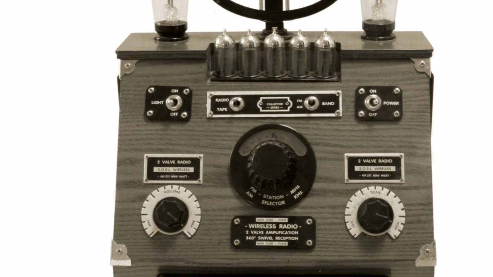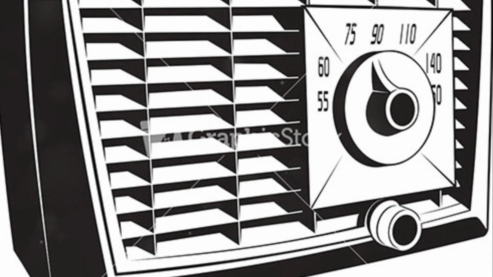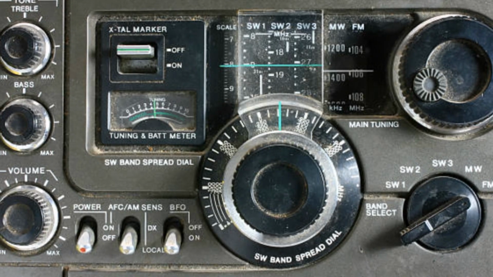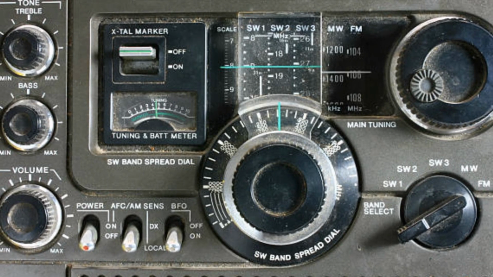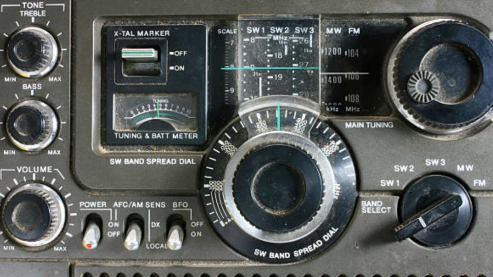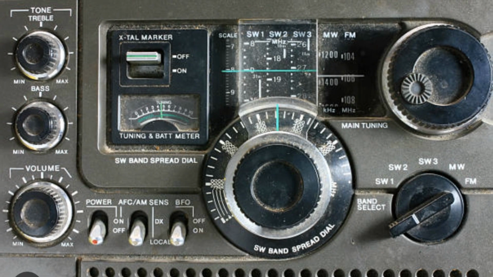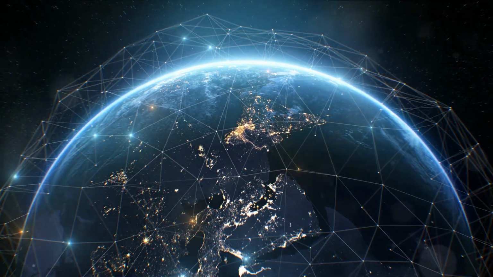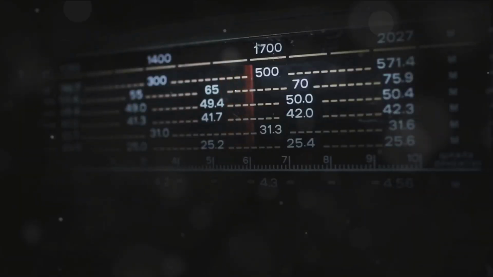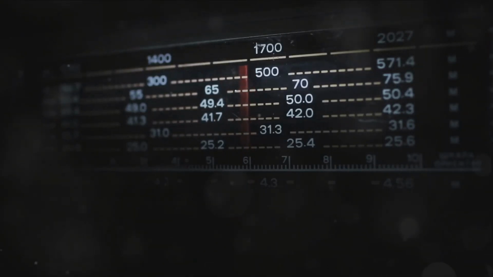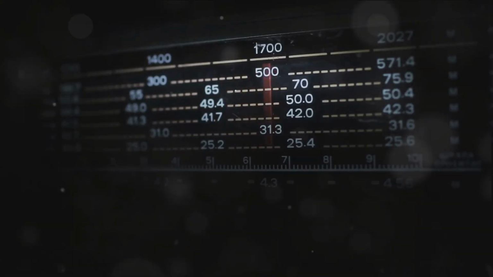These visionaries transformed the rudimentary spark gap transmitters into sophisticated vacuum tube radios, capable of transmitting voices and music across vast distances. This technological leap had profound implications. It democratized information, making news and entertainment accessible to people in the remotest corners of the world.